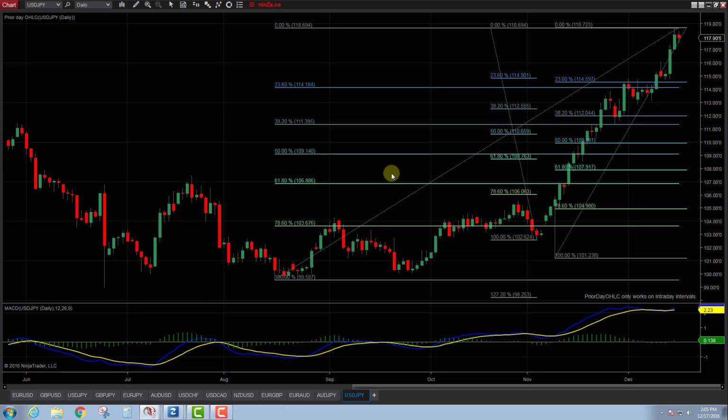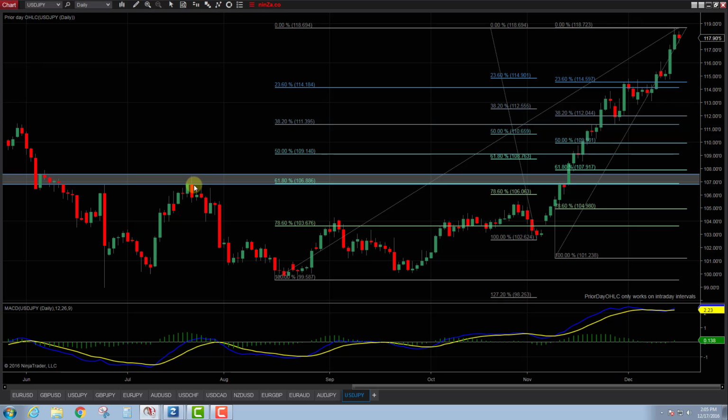Another element that we want to put into this is market structure. If we look left right here, guys, we can simply go from swing high to the candle bodies, and we draw that out. When we do that, we want to see what Fibonacci levels we have within that area. When I say Fibonacci levels, again, I'm talking about the 61.8 and the 78.6 Fib level.